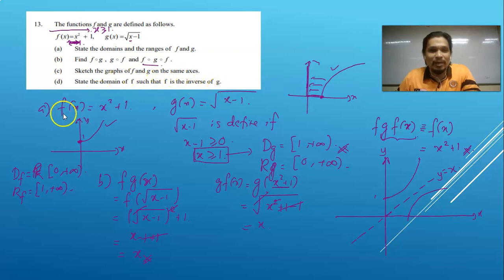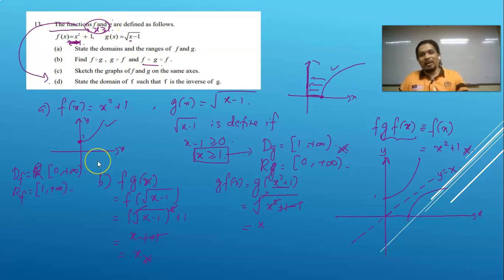So the domain of f is 0 to positive infinity. Yes, this part is actually question D. I'm sorry, I explained it too early, not according to the question. But this is it.